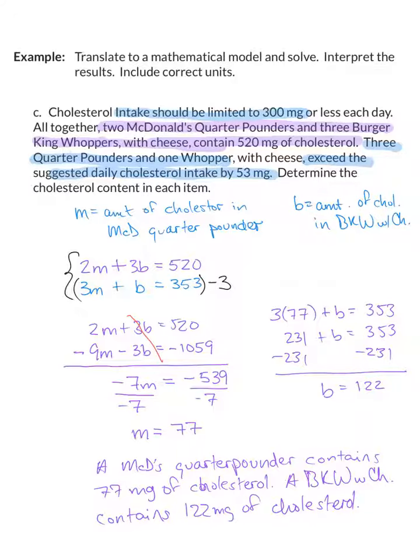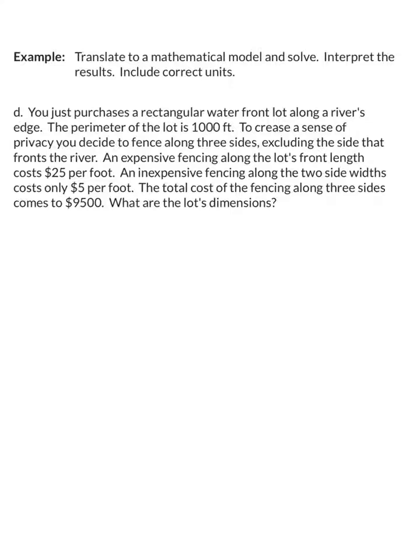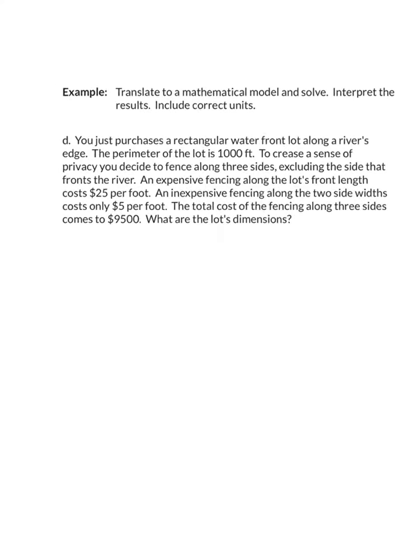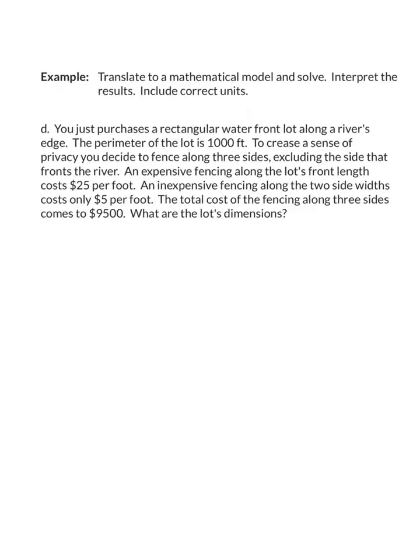All right, let's look at a couple more. The next one that we have, you just purchased a rectangular waterfront lot along a river's edge. The perimeter of the lot is 1,000 feet. To create a sense of privacy, you decide to fence along 3 sides, excluding the side that fronts the river, the scenic Rio Grande.